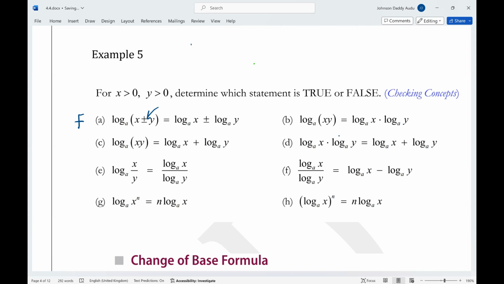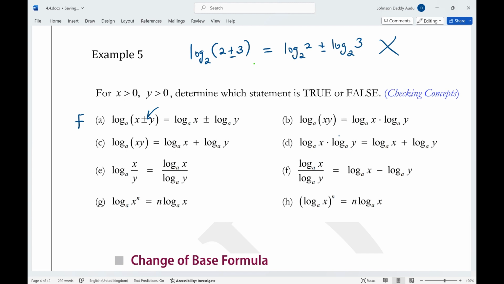In other words, if you have log to base 2 of what? 2 plus, let's say 3, we cannot say this is log to base 2 of 2 plus log to base 2 of 3. This statement is not true. So it means you are writing addition and still as addition. Or if you put minus here, none of these statements, this is not true. Okay.